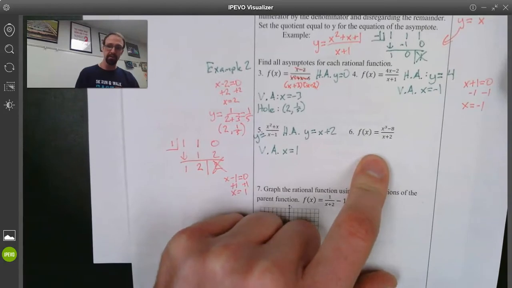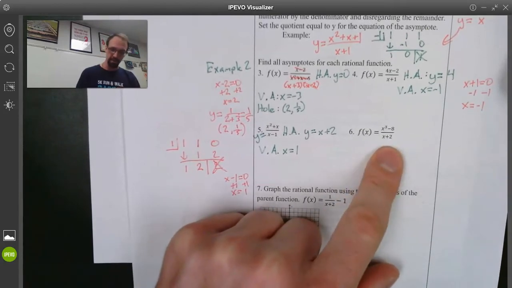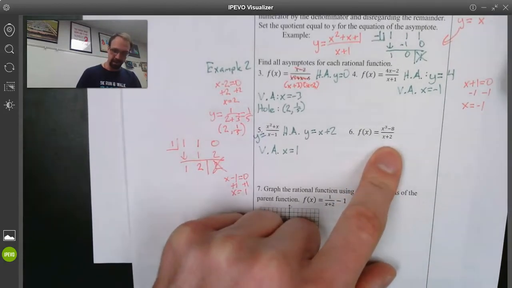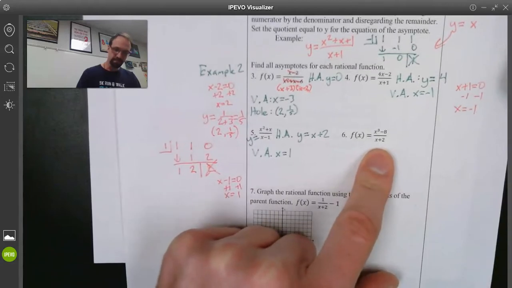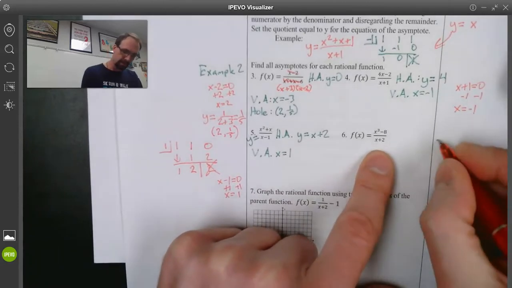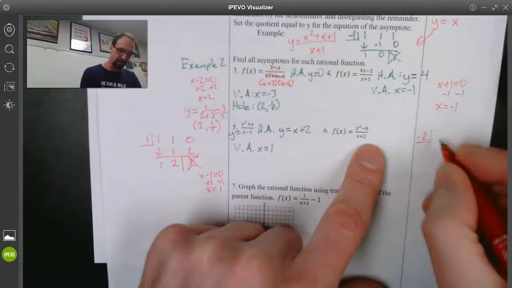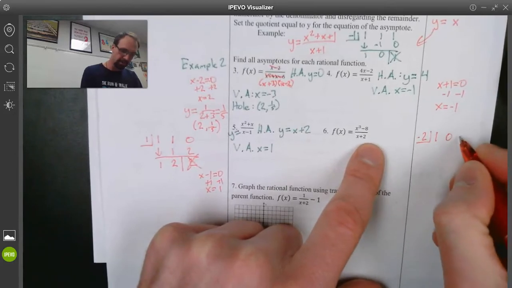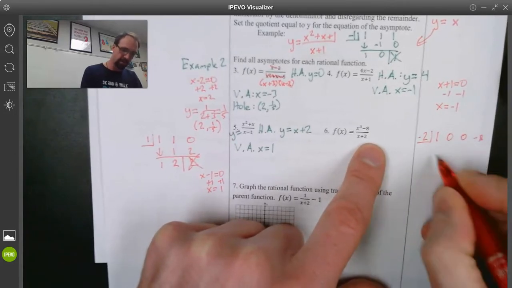And then for number 6, the degree of the numerator is greater than the degree of the denominator. So again, this is also a scenario where I need to do synthetic division. This is going to be with -2, x cubed, 1, no x squared, no linear term, -8.